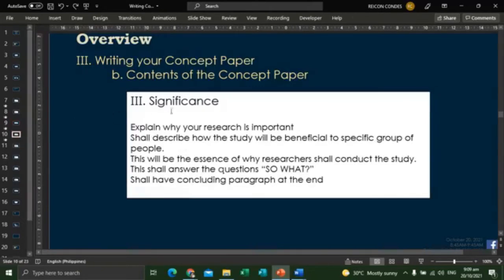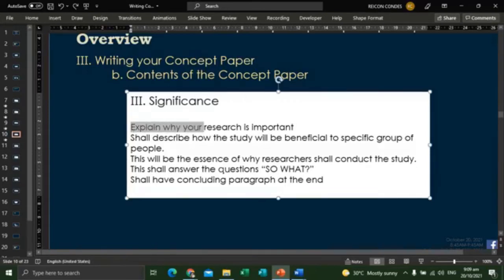Next, for the significance of your concept paper, you should be able to explain why your research is important. And then you should be able to describe paano magbe-benefit ang mga specific group of people sa inyong gagawing research, concept paper, or sa inyong gagawing project or business.